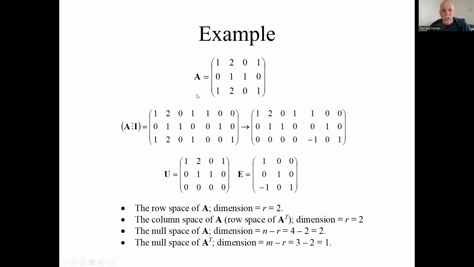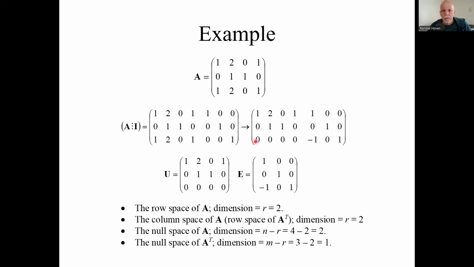Here's A, and because we're asked for all four spaces, I'll go ahead and augment it with the identity matrix on the right, same number of rows as A has. So here on the left is A, here on the right is the identity. We do some row operations, and it's pretty quick here.